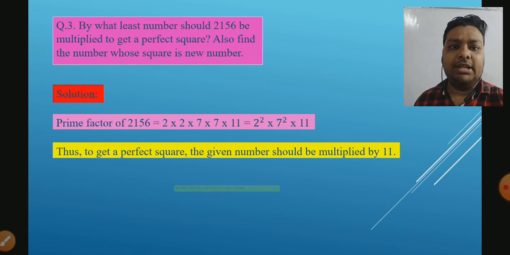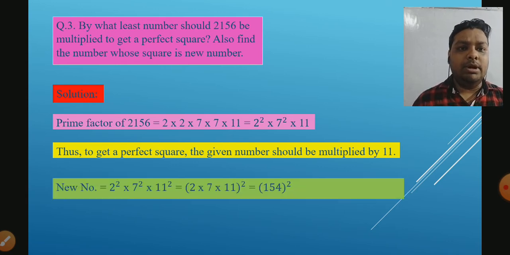Okay, after that the new number. What is the new number? If we multiply 2156 with 11, we know that the prime factors of 2156 are 2 two times, 7 two times and 11 only one time. If we multiply with 11, then 11 will also be two times. Then again you can see the common exponent.